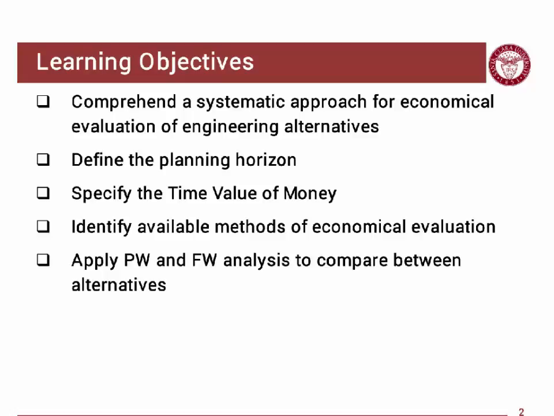One of the major steps is to define the planning horizon, and the next one is specifying the time value of money. And we'll see the different methods to do this economical evaluation and comparison between alternatives, two of which we'll cover in this video: present worth and future worth.